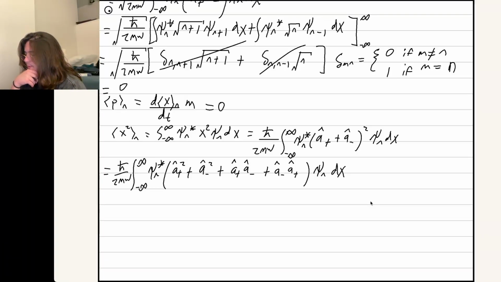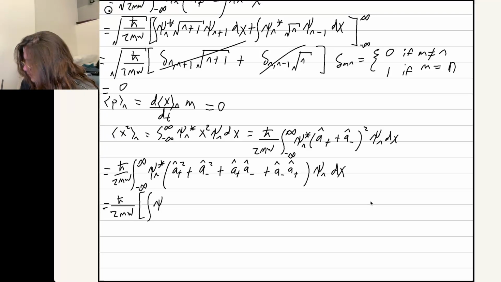So, I mean, let's just do it all out. I don't want to confuse people, even though it might take me a lot longer. Psi n star, we're going to act the raising operator on psi n twice first.